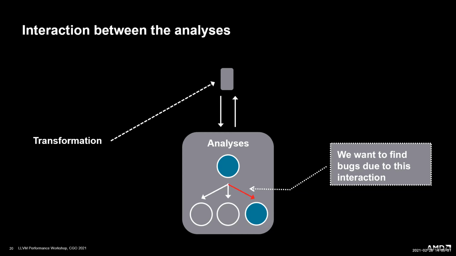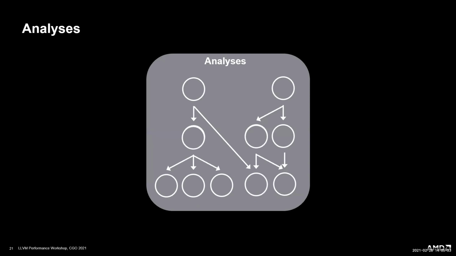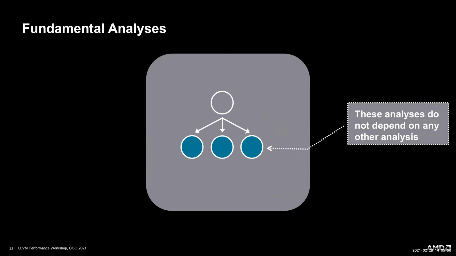So let's quickly set some terms that will help us to discuss it further. There are many analyses, and I'm just trying to depict that it's a dense net. This analysis depends on that, and it's not simply those 4 analyses. So let's classify analyses as fundamental.